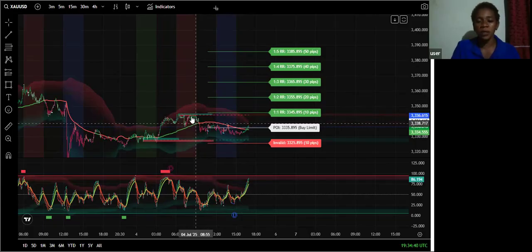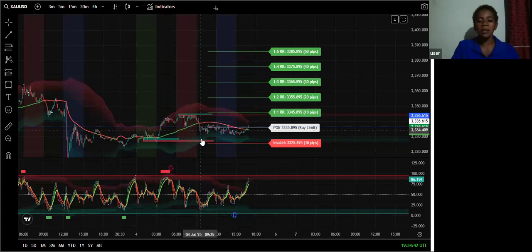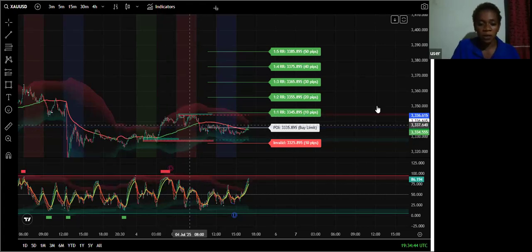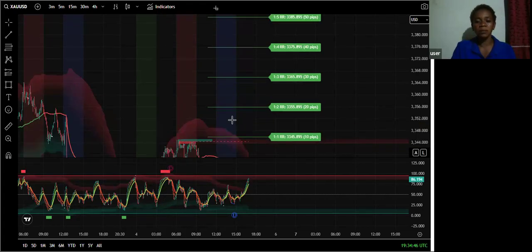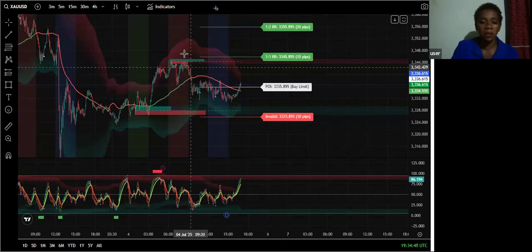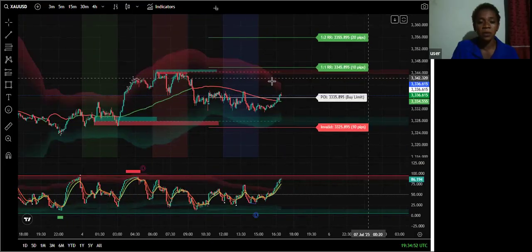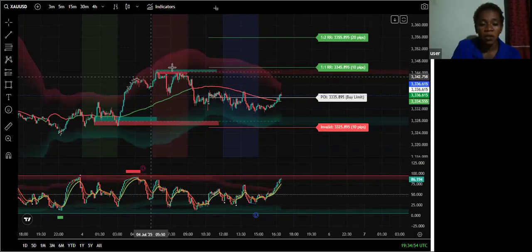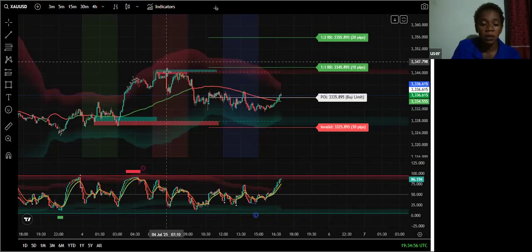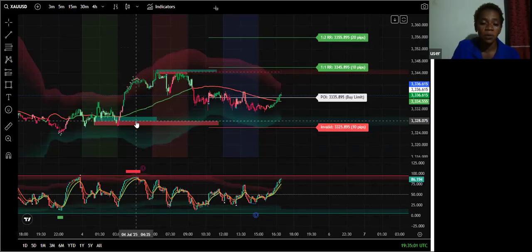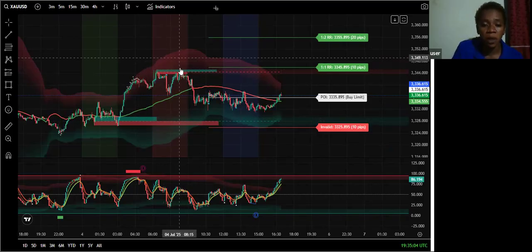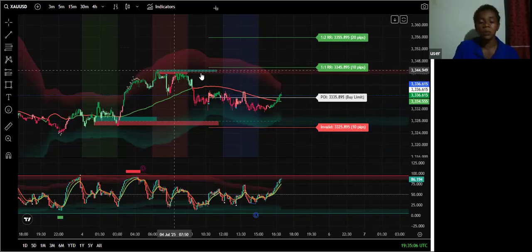If you are on a sell market and the market sees a zone below, for instance, let me zoom out for you guys to see. Assuming you were selling on this zone, and at some point we see this zone below. Let's say this trade idea is a sell market. We now see this zone here, above here is our resistance zone.